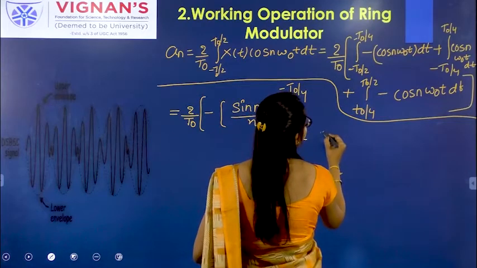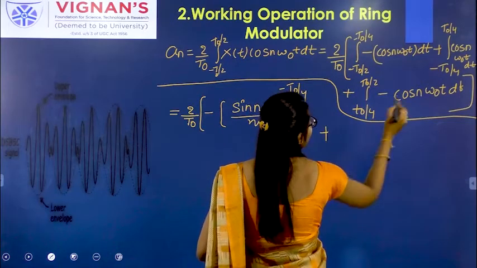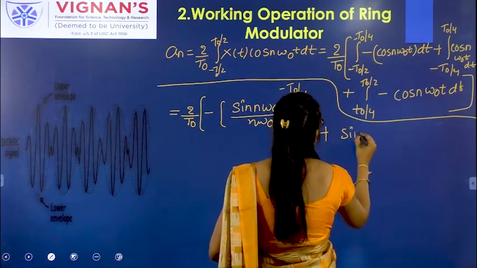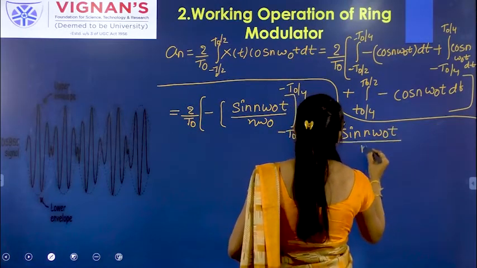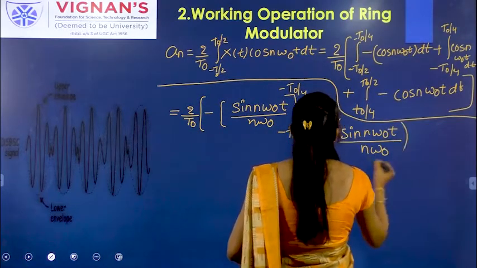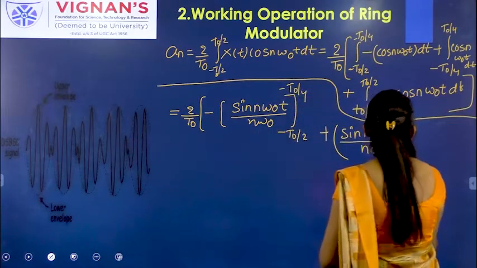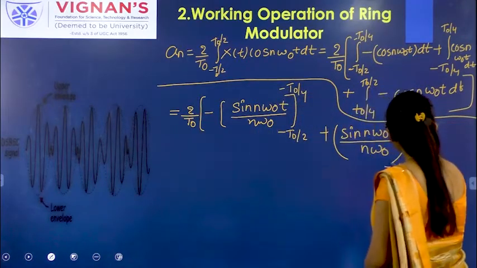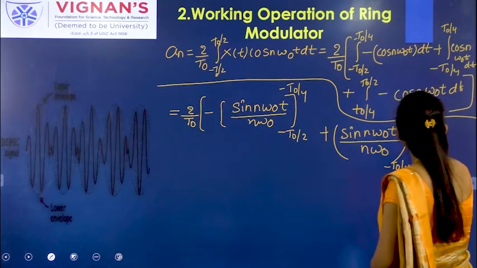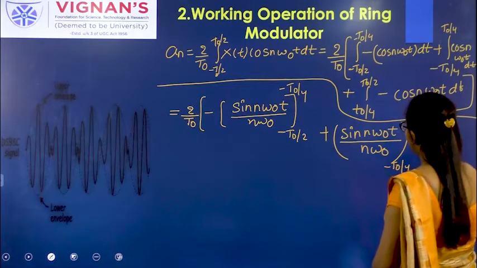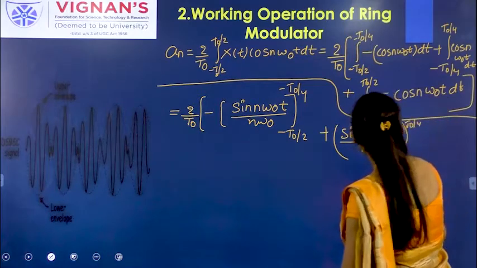And the same way plus sin n omega naught t divided by n omega naught into integral minus T naught by 4 to T naught by 4, and here again keep the minus sign outside.